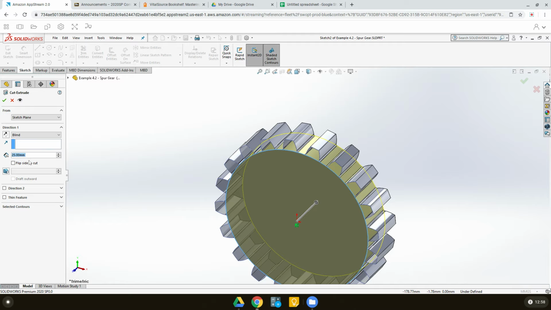We make it blind, make the depth of cut 10 millimeters. Okay. Another thing we need to do is check this box, flip side to cut. Okay. And we need to provide a taper angle here. Draft, we need to provide draft. We can do 60-degree draft.